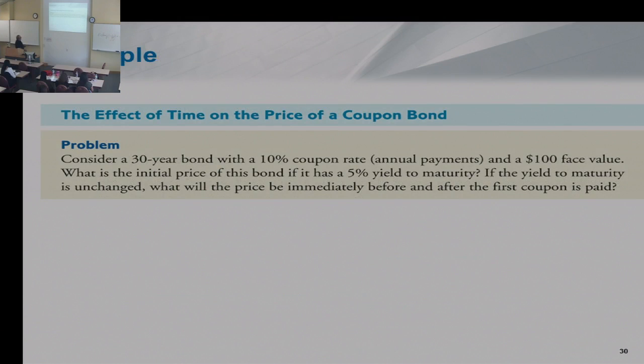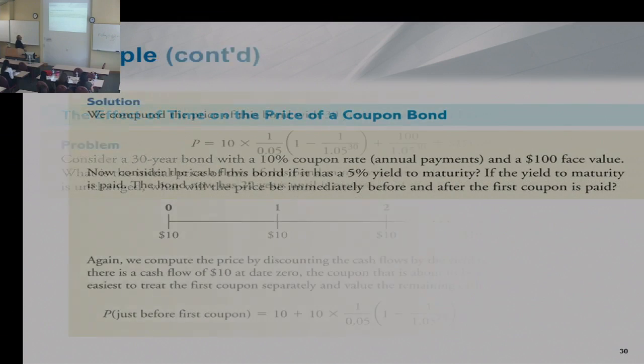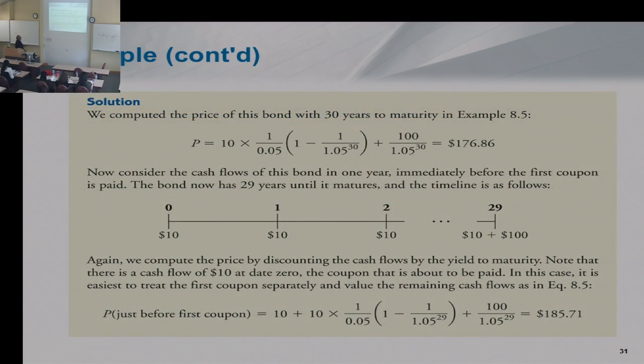What will the price be immediately before and after the first coupon? So, 176.86, we can do that. Now consider the cash flows in 1 year's time, immediately before the first coupon is paid. Now we're moving the annuity around in time.